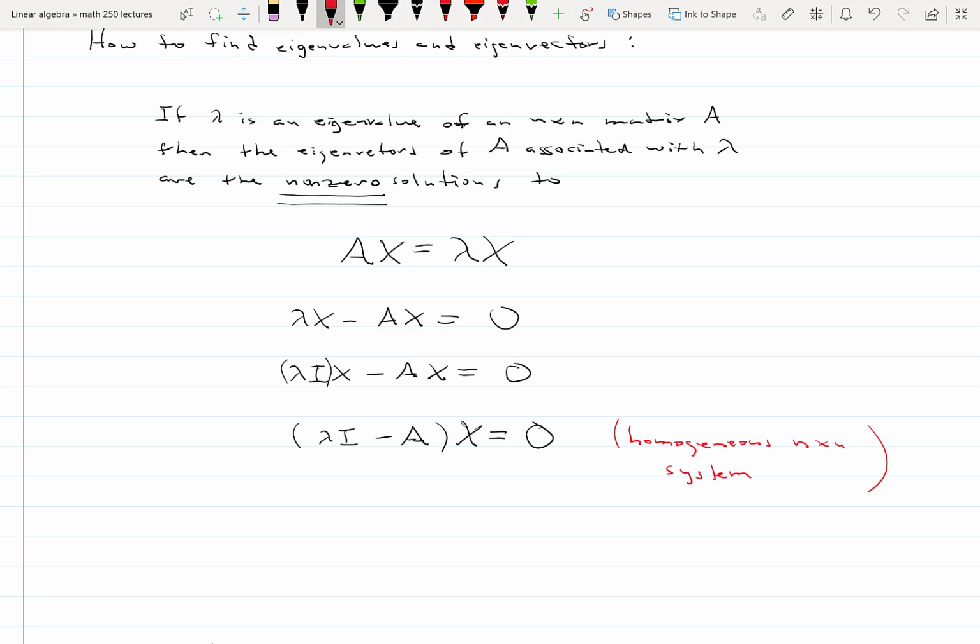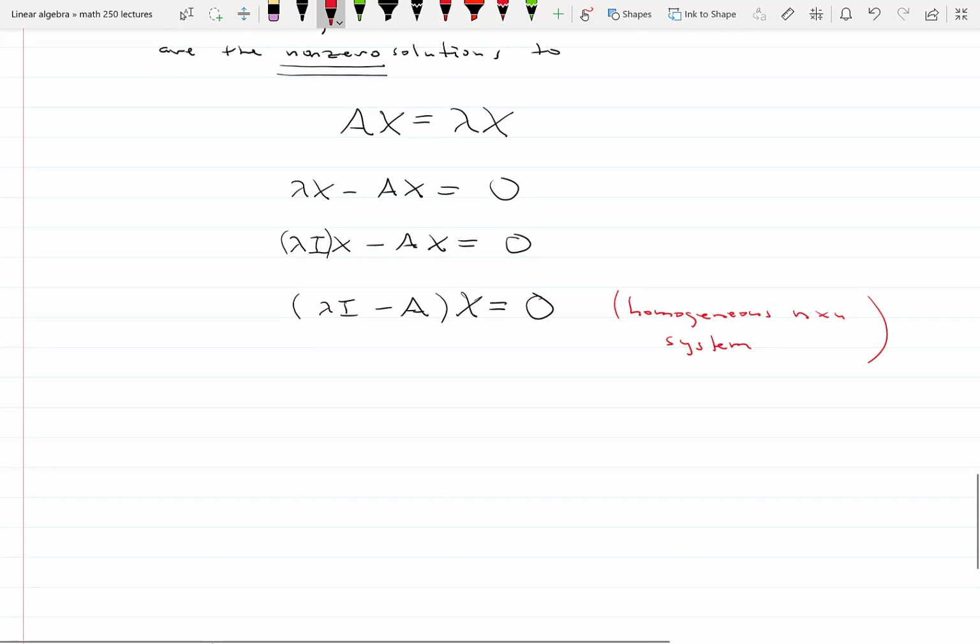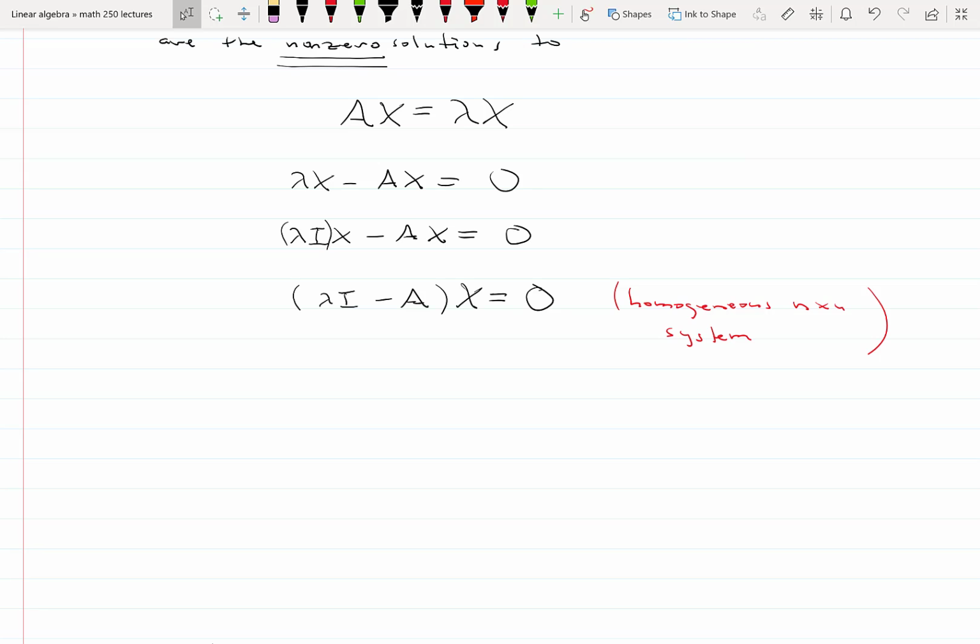Now, can you think of something associated with the homogeneous system and the solutions to the homogeneous system? Can you think of a way to determine whether or not we have non-trivial solutions? What is that connected with? It's connected with the determinant of the coefficients. This is a big part of our lecture right here.